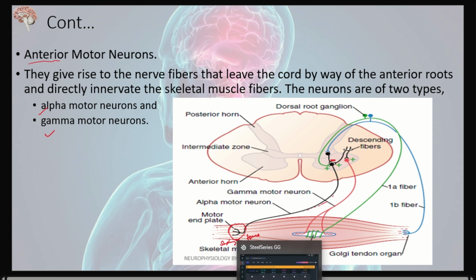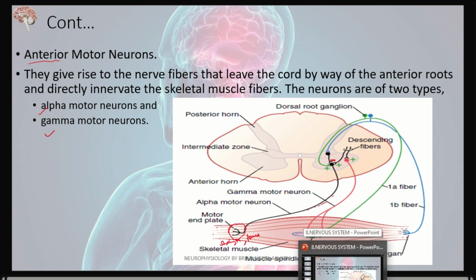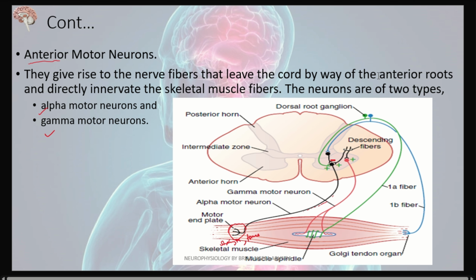Now, if you think of it in the form of a reflex, the motor part is giving us an appropriate kind of reply. For example, think of it in a sensory aspect where we have the muscle spindle. You are able to see the muscle spindle over here.